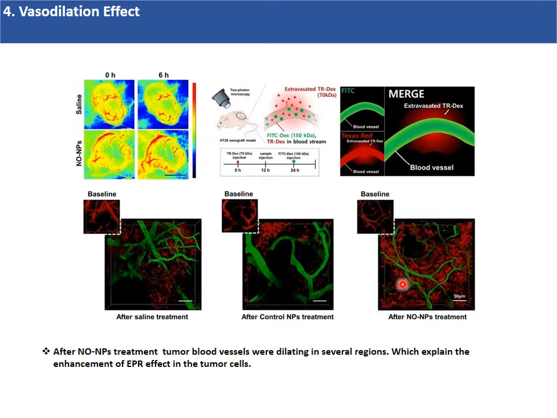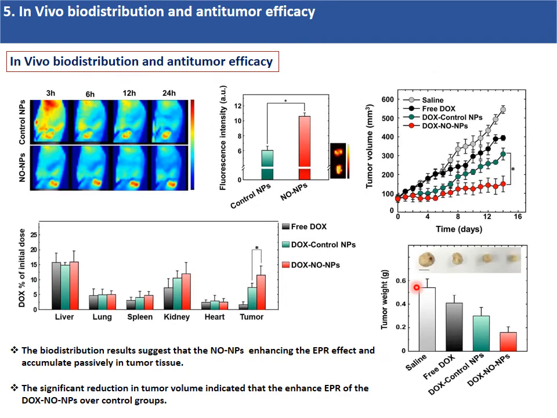So this is proof that it increases the EPR effect in the tumor, due to the generation of NO and the dilated blood vessels. Next we explain the in vivo biodistribution data and anti-tumor efficacy.